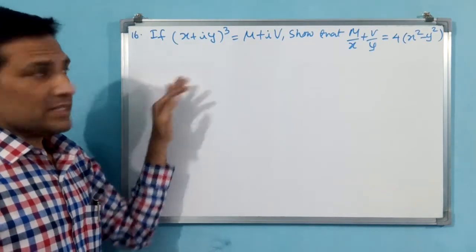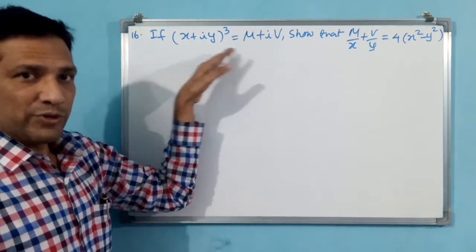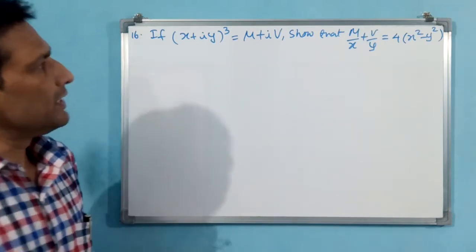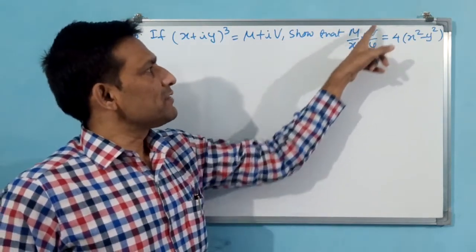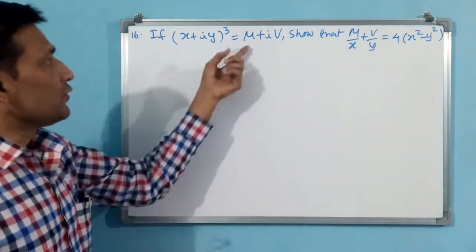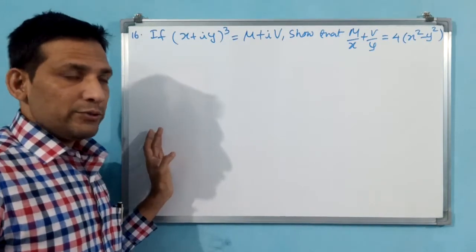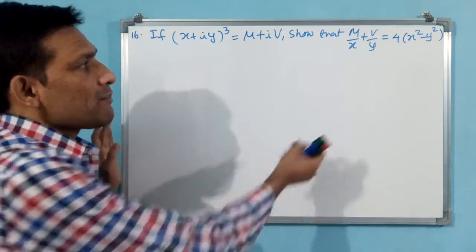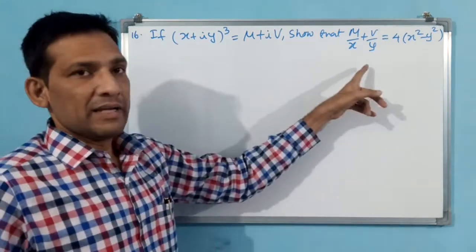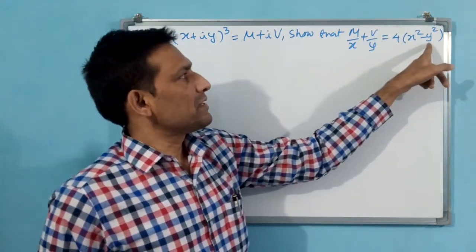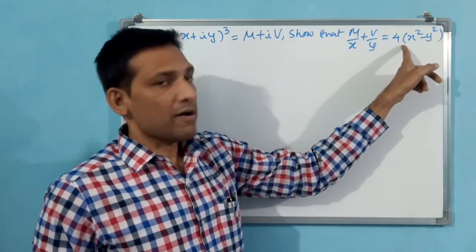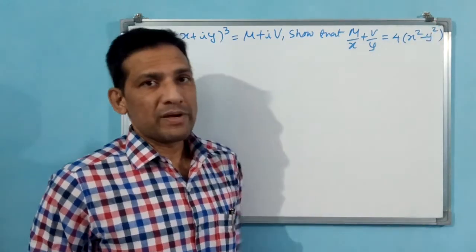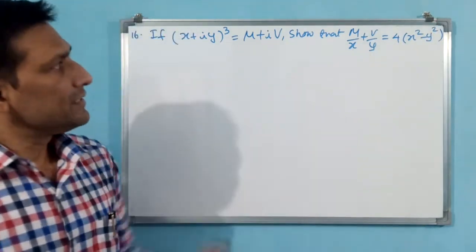Then you will know u and v values. Show that u by x plus v by y, that means u divided by x, v divided by y, then add both of them. The final result should come 4 of (x square minus y square), that means 4x square minus 4y square. Like that this question is there.